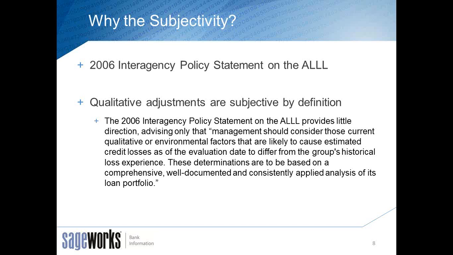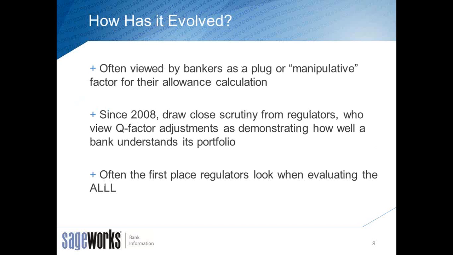I got you. And has that changed over the years, right? A couple of things that we've seen from an evolutionary standpoint is that years ago, it seemed like you could use the Q factors more as a plug or sort of a back solve, meaning I know where I want to end up with my reserve calculation, and I'm going to use the Q factors to get there.